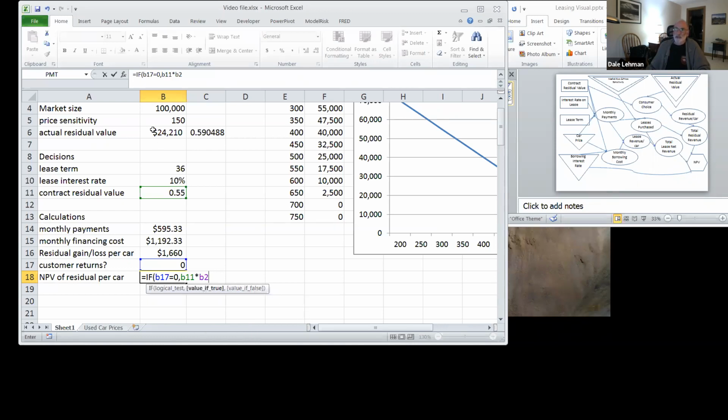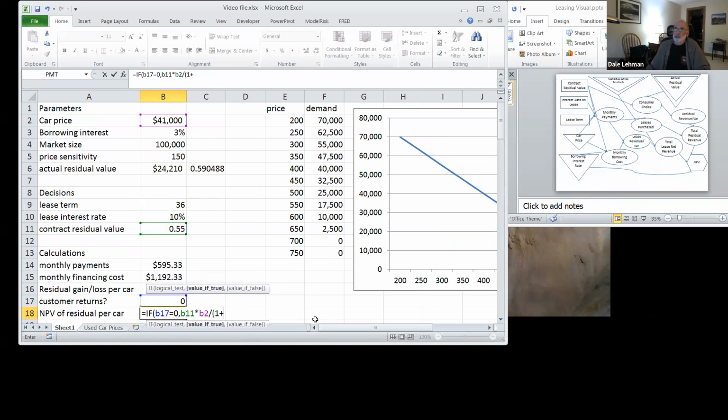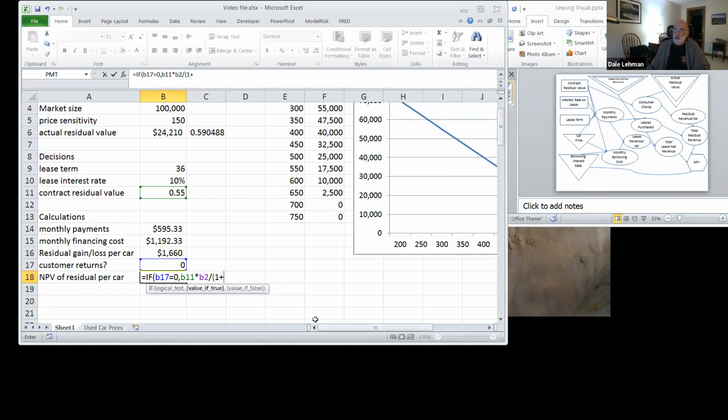That's right now 55% of the $41,000 purchase price, but to discount it at the 3% interest, that's in B3, by 3 years, so it's 1 plus B3 raised to the third power.